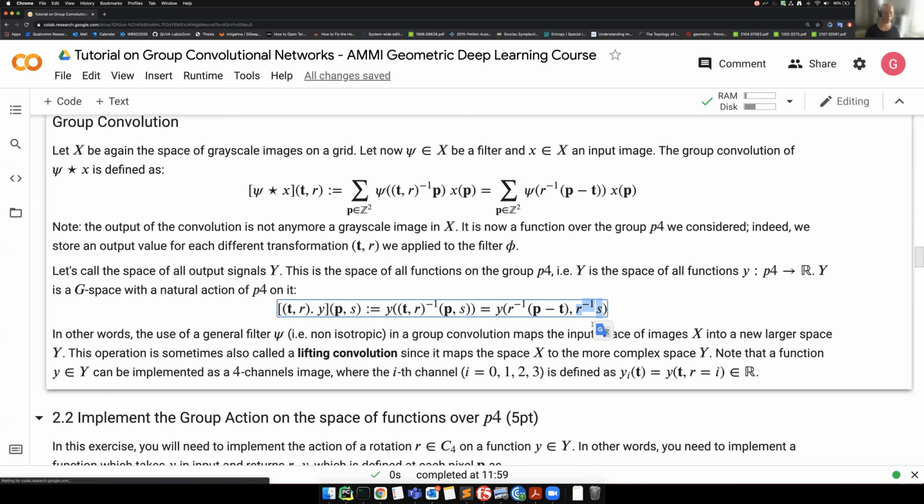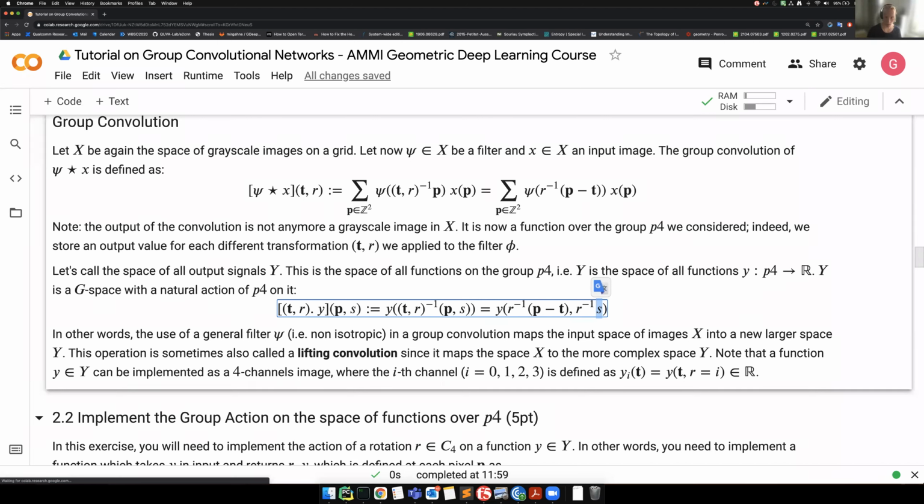So if you have R, for example, equals 1, so it's rotation by 90 degrees, and S is one of the 4 channels, R to minus 1 is going to move it down by 1 channel. So a rotation of your now 33 by 33 by 4 tensor is going to rotate your tensor as a normal image, but then also cyclically permute the 4 channels.